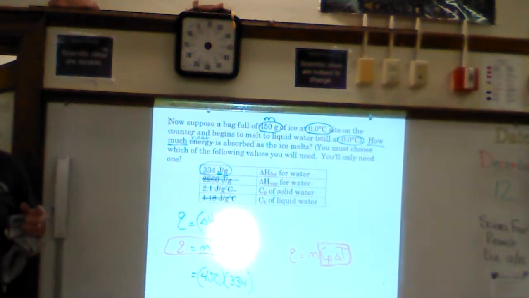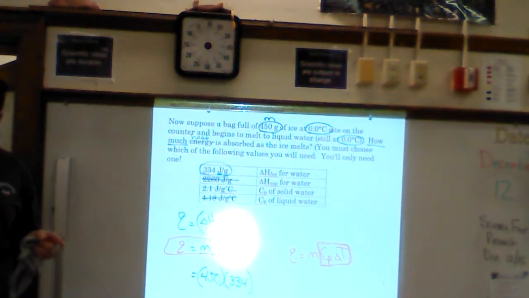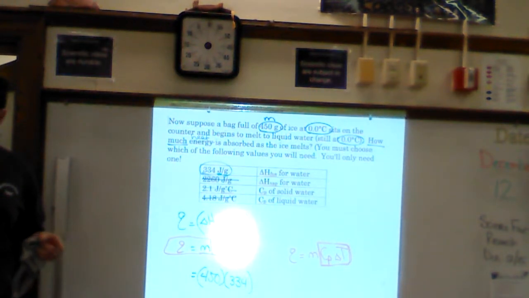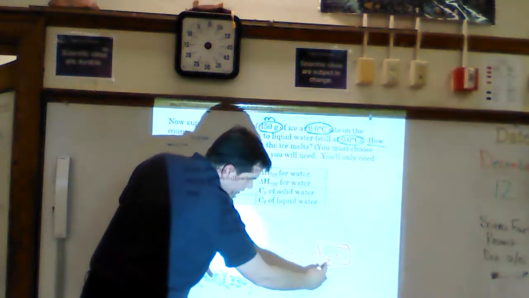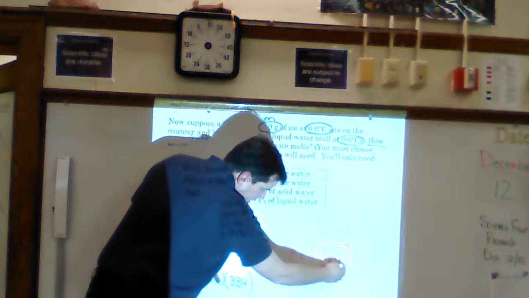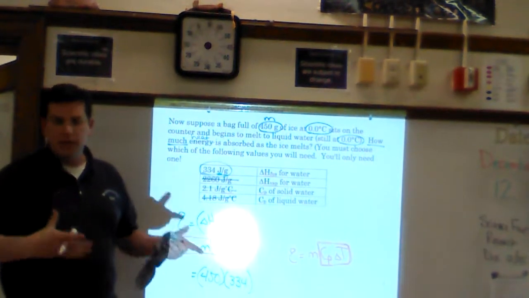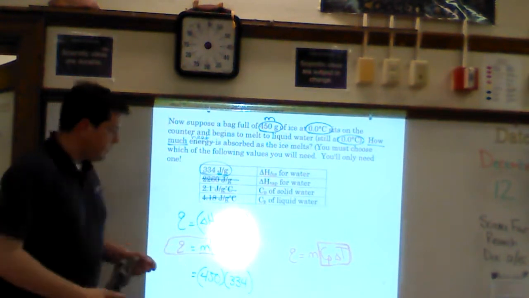The specific heat capacity, Cp, is the amount of energy it takes to raise the temperature of something by 1 degree. So if you raise the temperature of something by a bunch of degrees, that's how much energy it takes to raise the temperature of it by that many degrees, right?